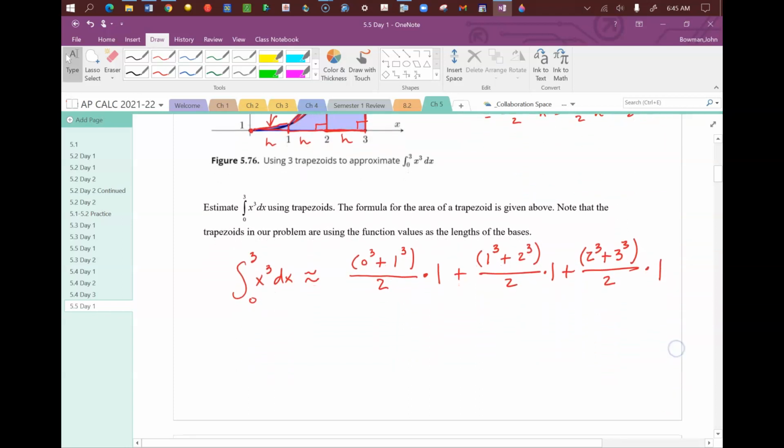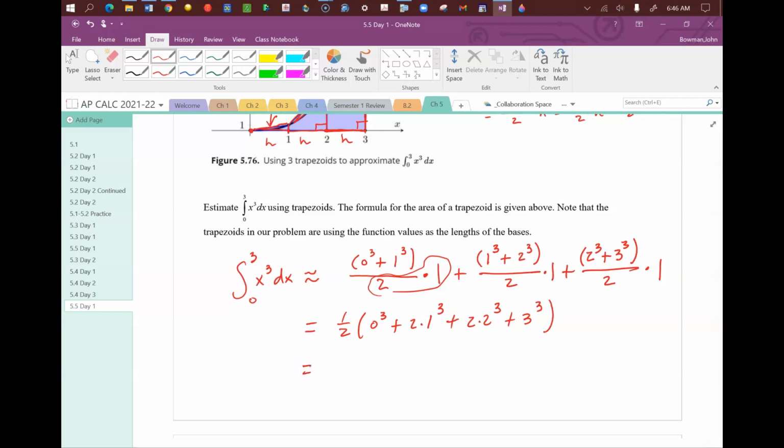And that you probably recognize as the first base only occurring once and the last base occurring once, but the two bases in between occurring twice. So if you go through this process, if we're going to group these together, we're going to factor out the 1/2. We have 0 cubed plus 2 times 1 cubed plus 2 times 2 cubed plus 3 cubed, and we can do it that way, as long as the heights are the same.